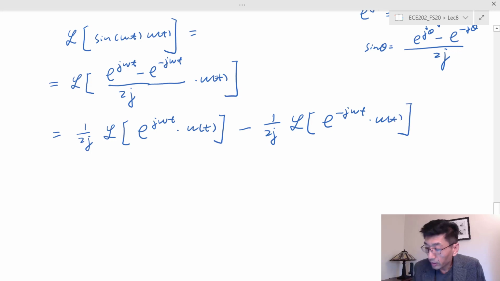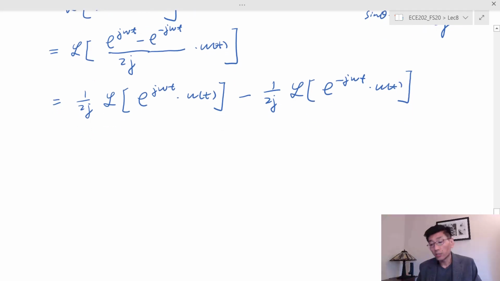And again here we will apply the S-domain translation property. That's going to be 1 over 2j times the S-domain, the first one here, we replace s by s minus j omega, because this e to the minus alpha t is e to the j omega t. So therefore the alpha is negative j omega.